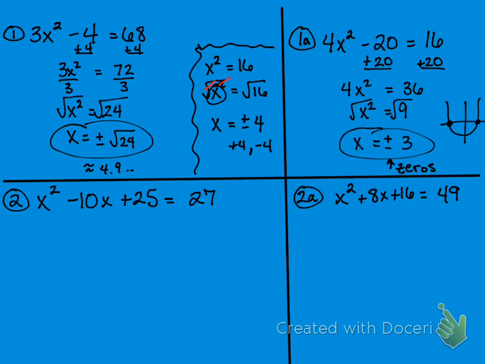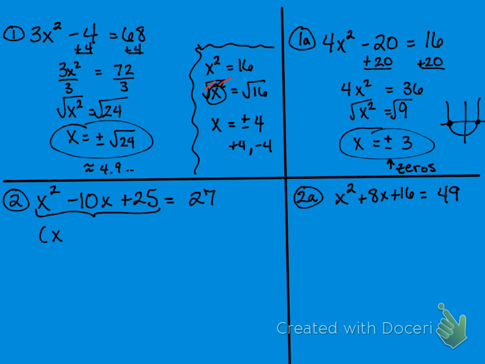So number 2, when I'm using completing the square principles, I'm looking at this and thinking, is that able to be factored? I notice that, hey, yes it does. 5 times 5 is 25, and negative 5 plus negative 5 is negative 10.